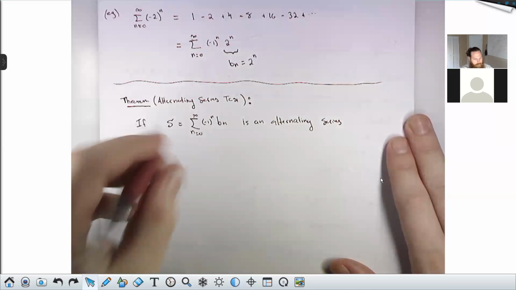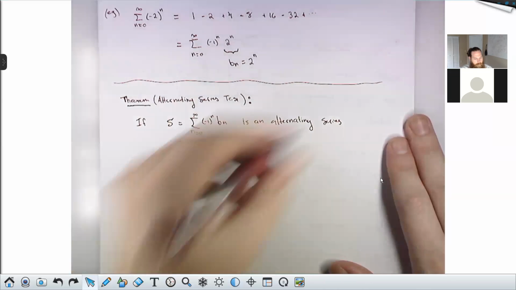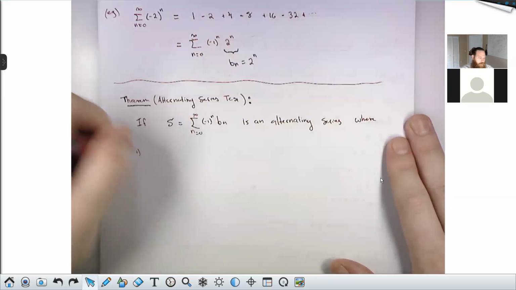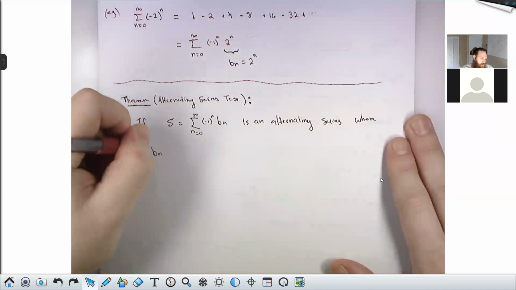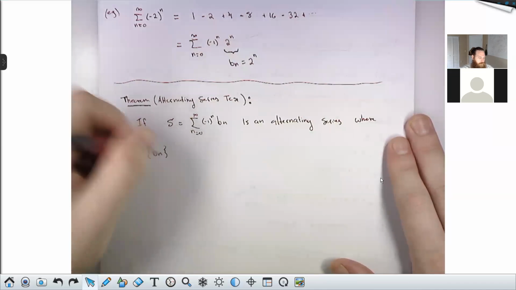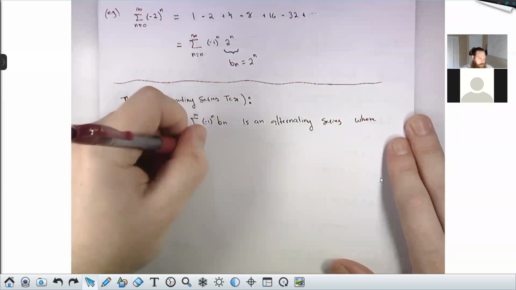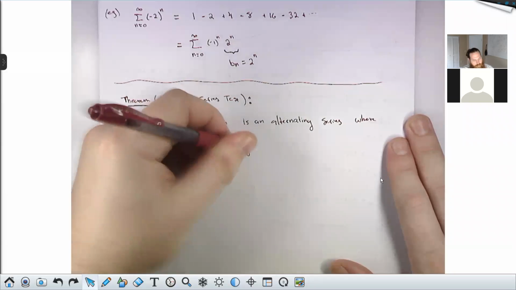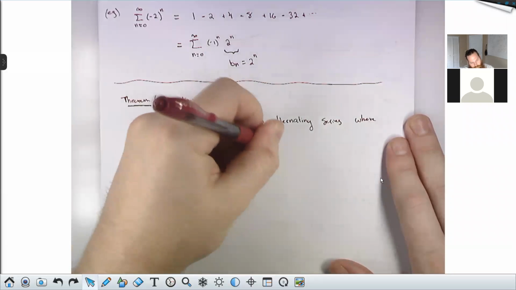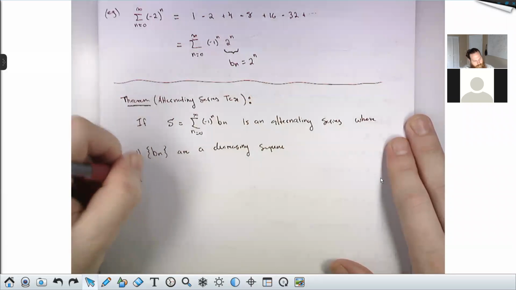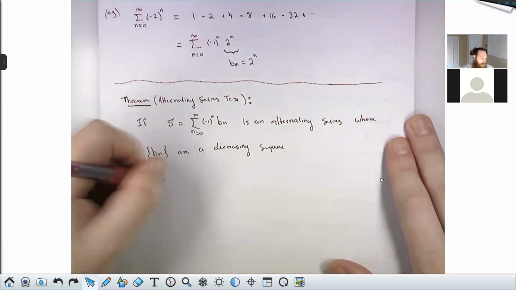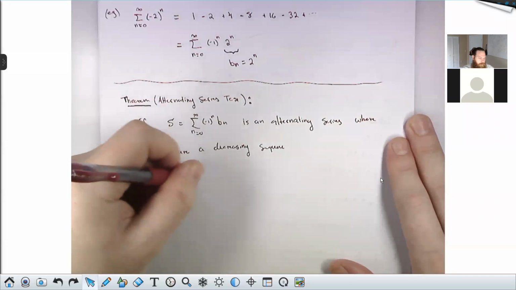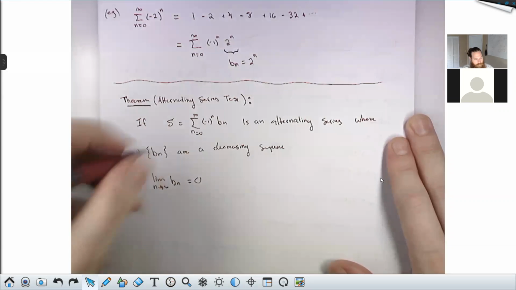If you have an alternating series where one, the b_n's are a decreasing sequence, and two, the limit of the b_n's is 0, then S converges.